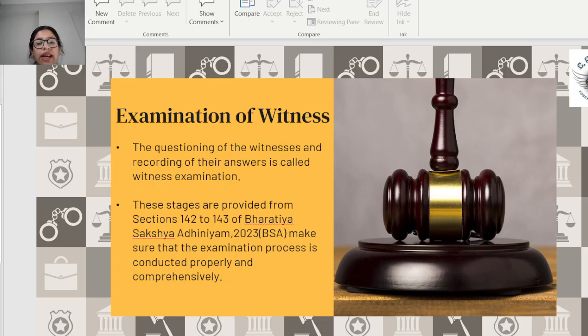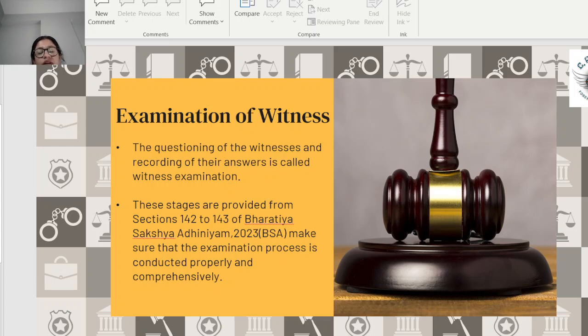Okay. Now, there are some stages in the examination of witnesses. There are basically three stages in the examination of witnesses. These stages are provided from Section 142 to Section 143 of the Bharatiya Sakshya Adhiniyam, 2023, which in short we call the BSA Act. The BSA Act makes sure that the examination process is conducted properly and comprehensively. It gives us a systematic approach to present and challenge the evidence, which is important in achieving justice.